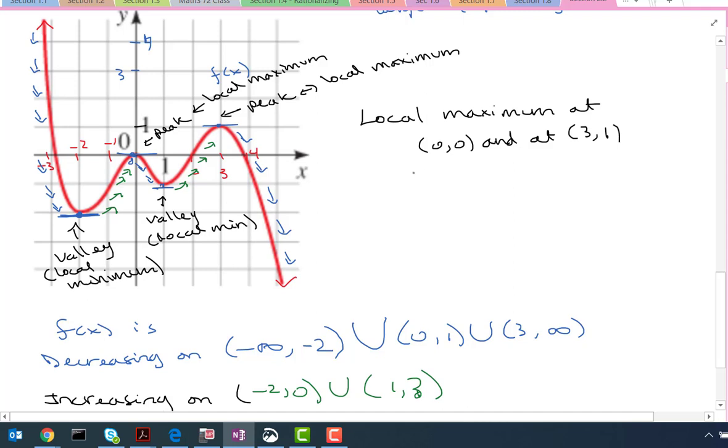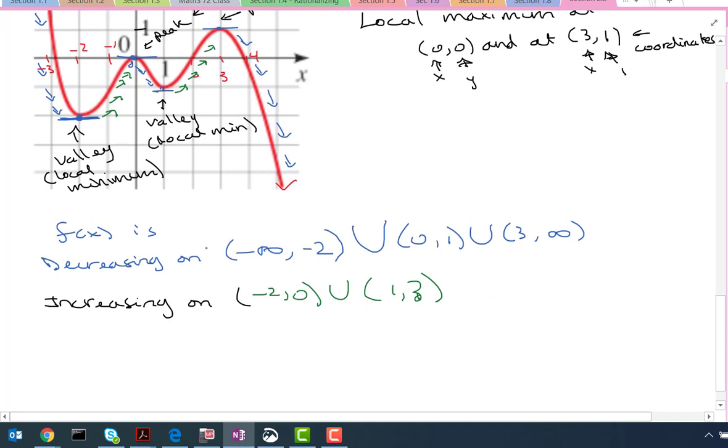Now, one thing to notice is that these are coordinate values. These are given as the location of the local max, right? So the maximum occurs at x equals 0, and the y value is 0. This local maximum occurs at x equals 3, and the y value is 1.